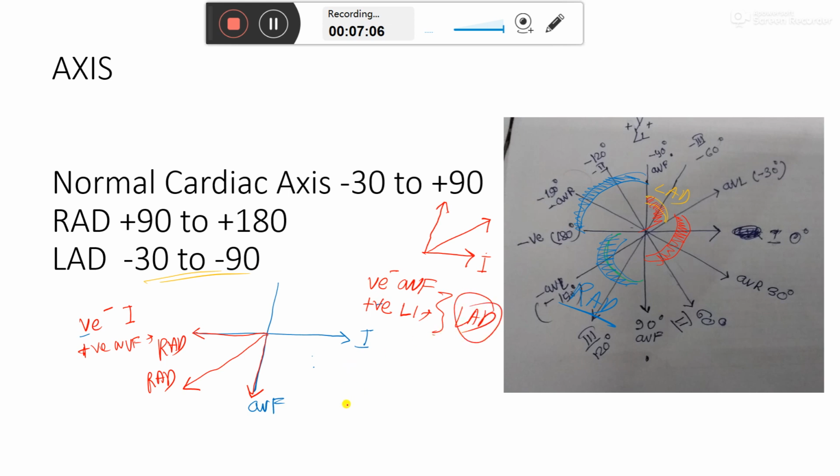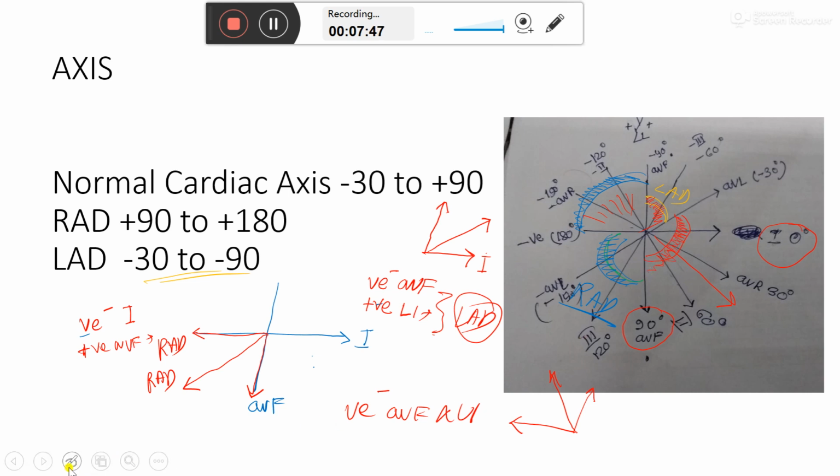And negative in both AVF and lead 1, the net vector will be like this, meaning extreme axis deviation. In normal, it is positive in AVF and positive in lead 1, and the net vector will be in the region of the normal heart axis.